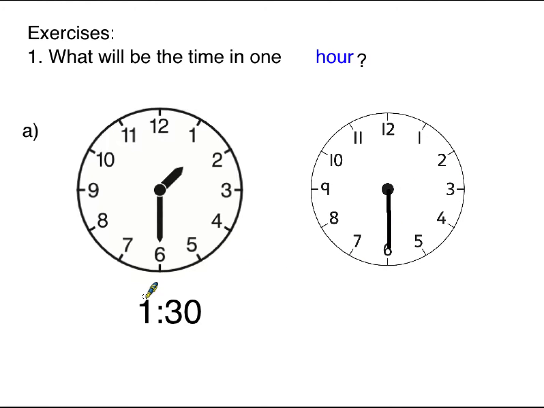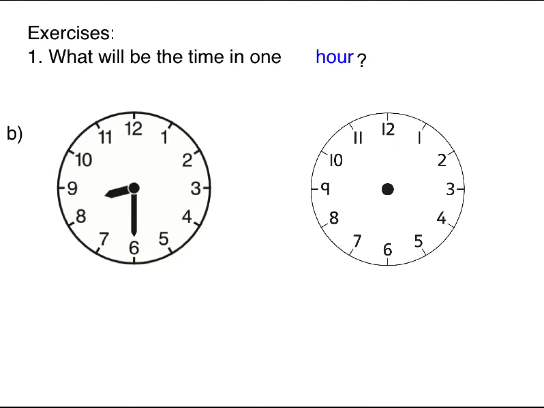It's not going to be halfway past the 1, it's going to be halfway past the 2. Halfway past the 2. So it's going to be 2:30. This is the hour, remember? So 1 more, 1 hour later, it's going to be from 1 to 2.